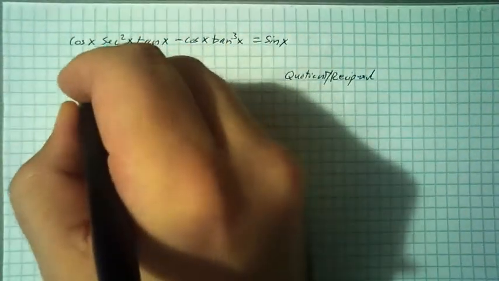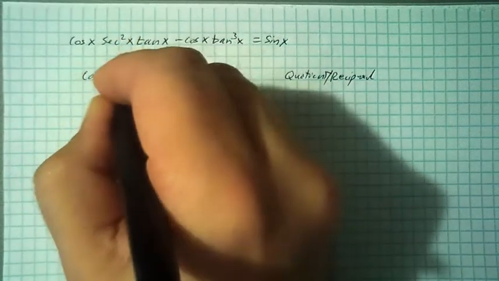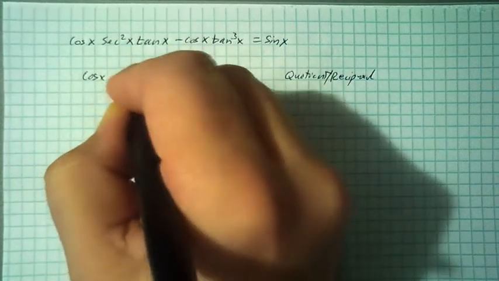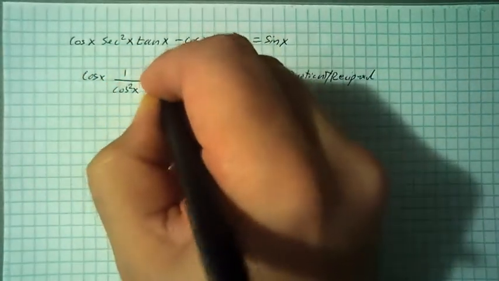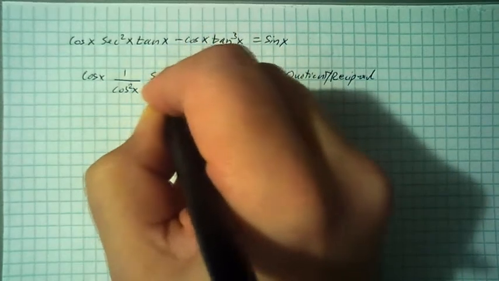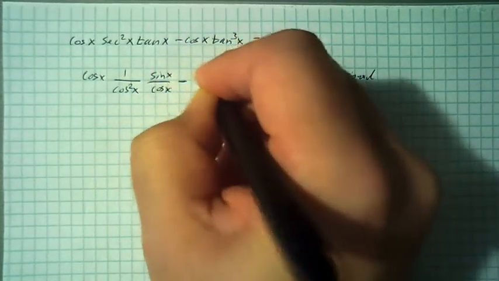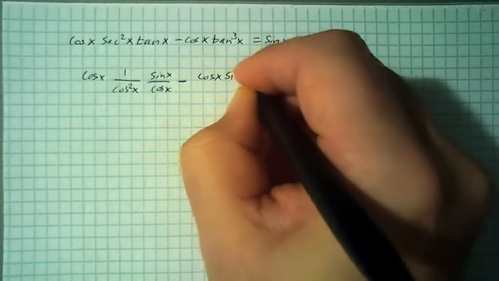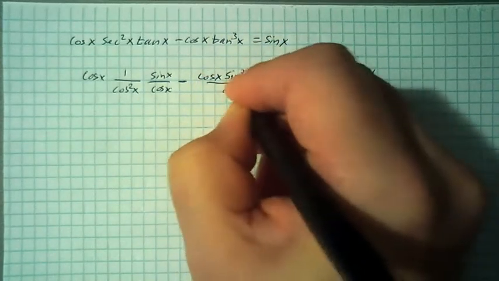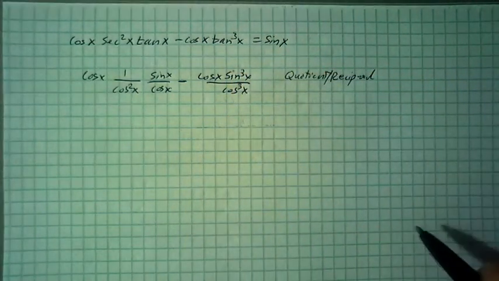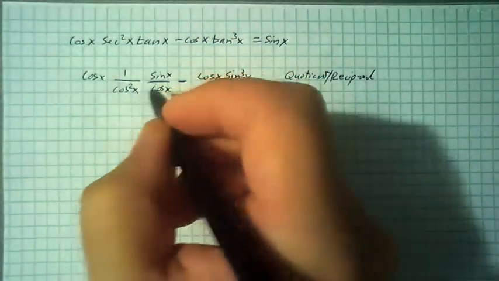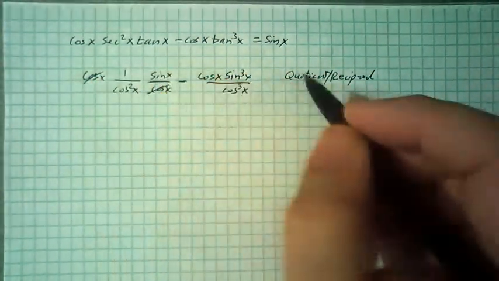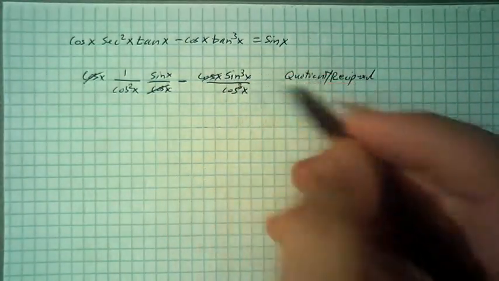Cosine is already cosine. Secant squared is 1 over cosine squared, and tangent is sine over cosine. Cosine is already cosine. Tangent cubed is sine cubed over cosine cubed. So these are right away going to cancel a bunch. This cancels with this. This is going to cancel with one of those.